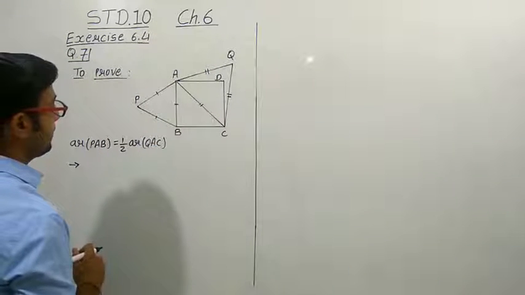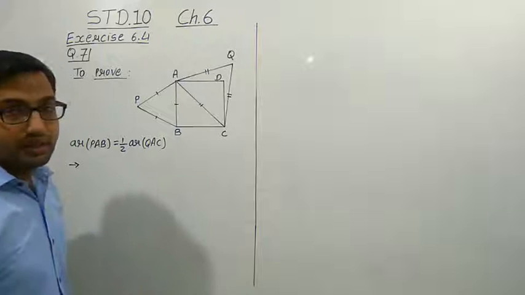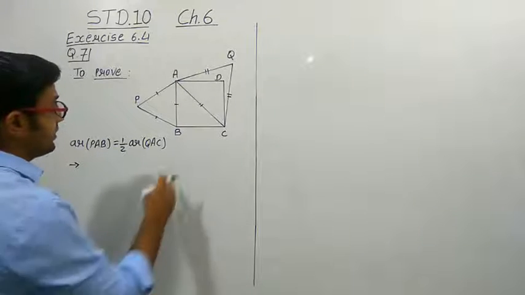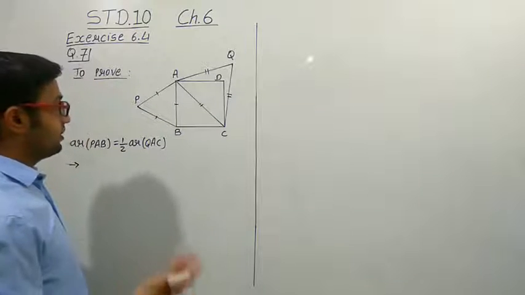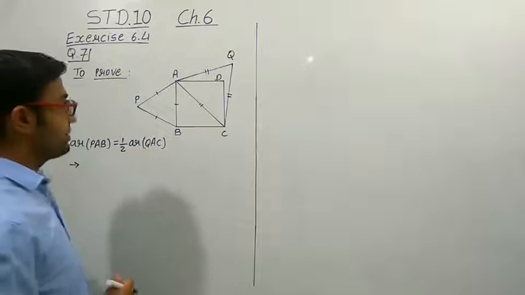Now let us start. We know that triangle PAB is an equilateral triangle, so all of its angles are 60 degrees. In the same way, QAC is also an equilateral triangle, so all of its angles are also 60 degrees.